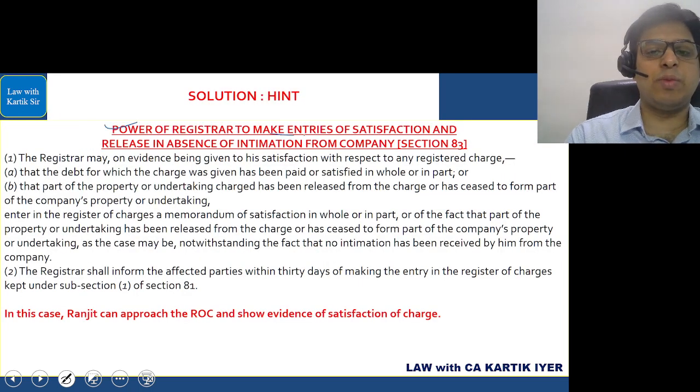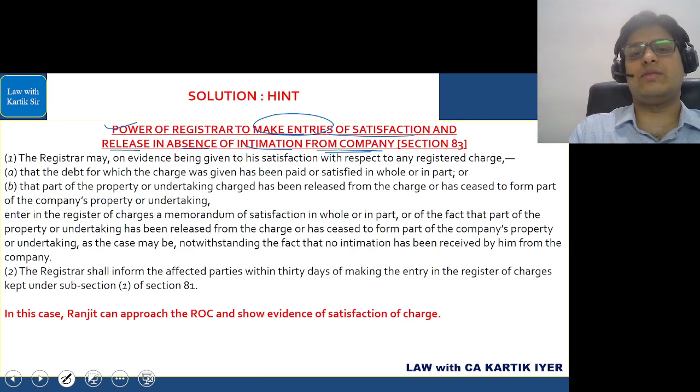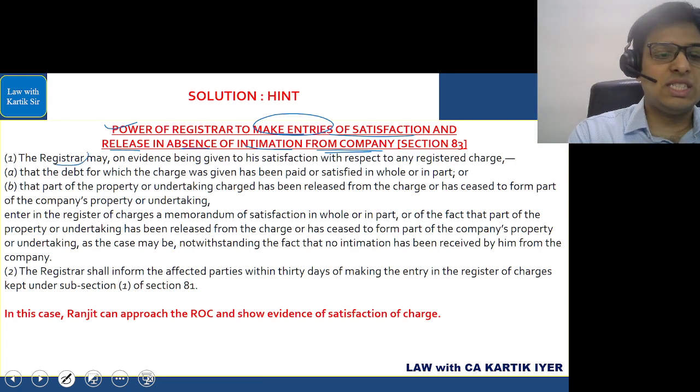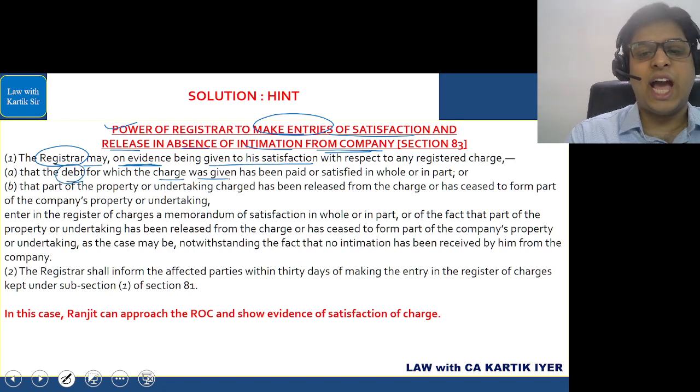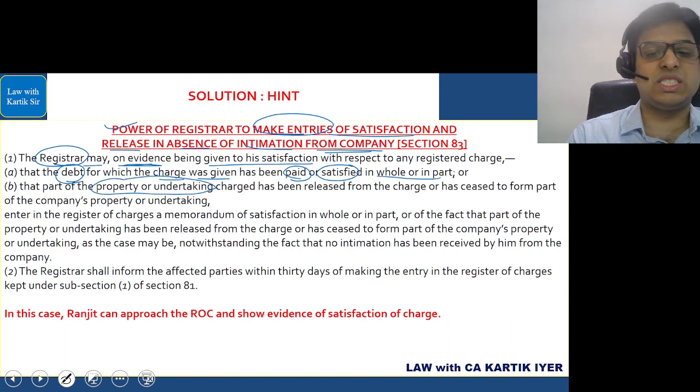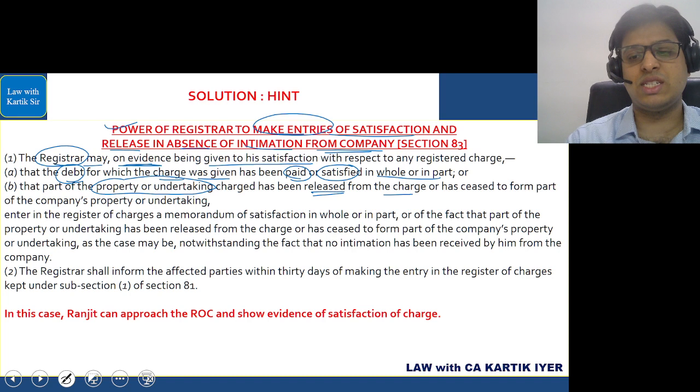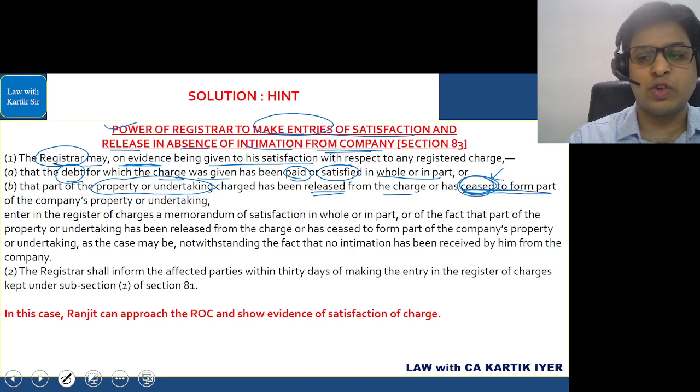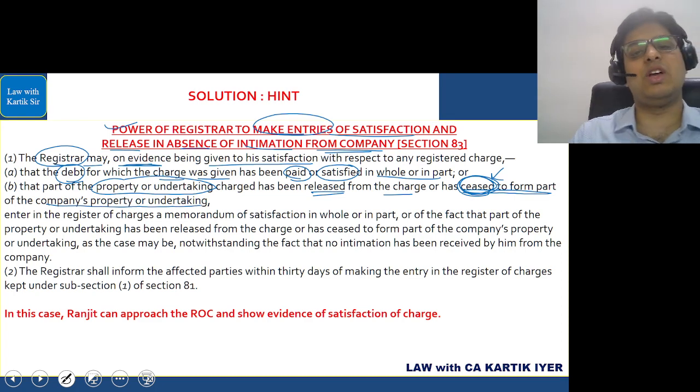So see what they have given. Power of registrar to make entries of satisfaction and release in absence of intimation from the company. The entire section 83 is given here. The registrar may, on evidence being given to his satisfaction that the debt for which the charge was given has been paid or satisfied in whole or in part, or the property or undertaking charged has been released from the charge, or has ceased to form part of the company's property or undertaking.